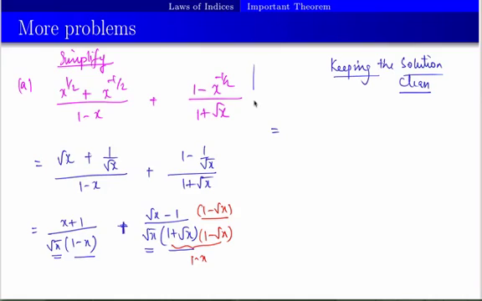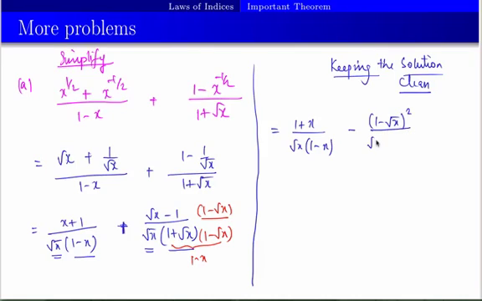That comes out to be 1 plus x here, root x 1 minus x, plus this will become minus 1 minus square root of x the whole square upon root x into 1 minus x.